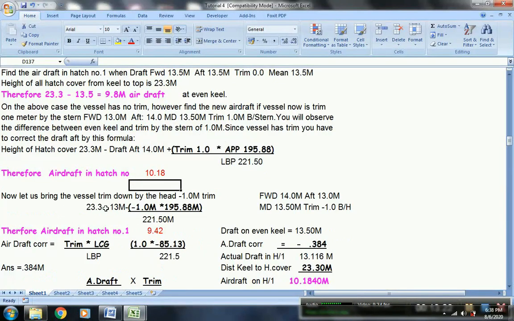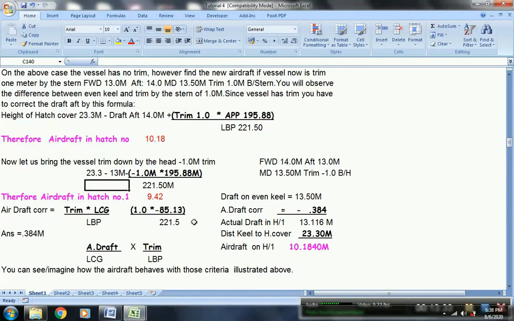So now let us bring the vessel trim down by the head, 1 meter trim. We'll check if the formula is applicable even if the vessel is by the head. What you have to do is reverse the process. So now the trim is -1. Therefore, your forward draft will become 14 meters, and then your aft draft is 13 meters.